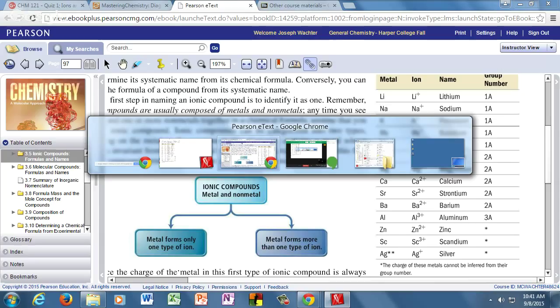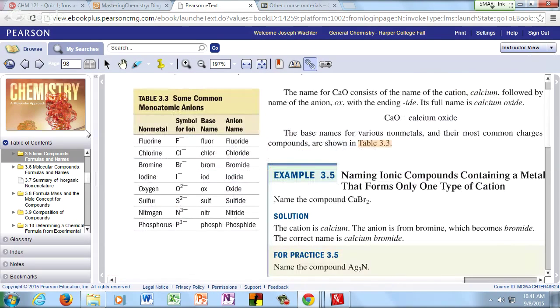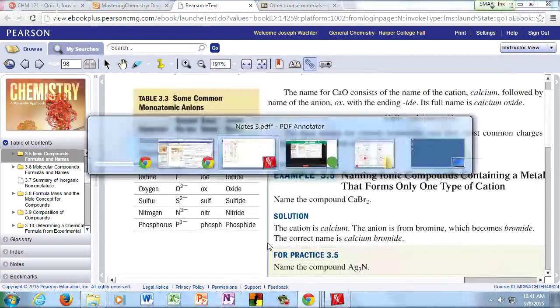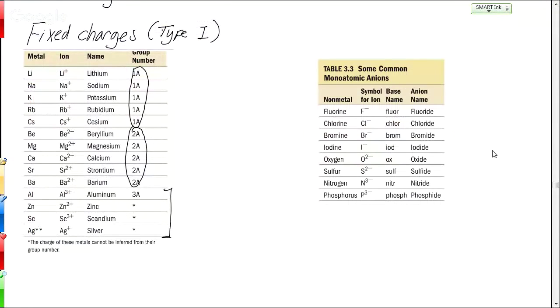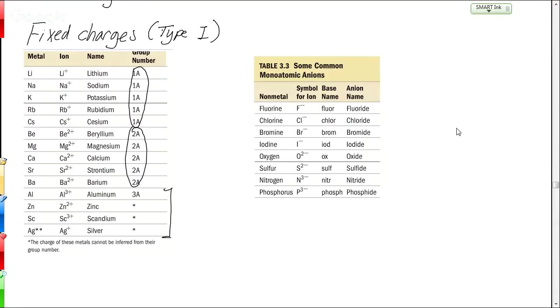The common anion charges are a little easier. We'll put those in there too. You should know these as well. They all follow their group number pretty well. So you've got the halogens, 7A.